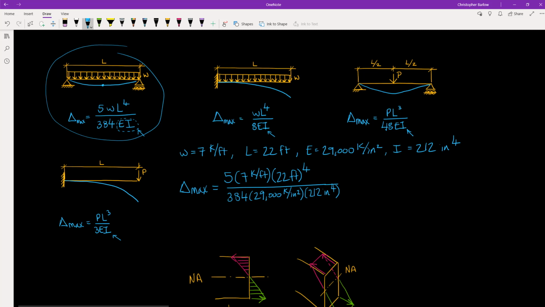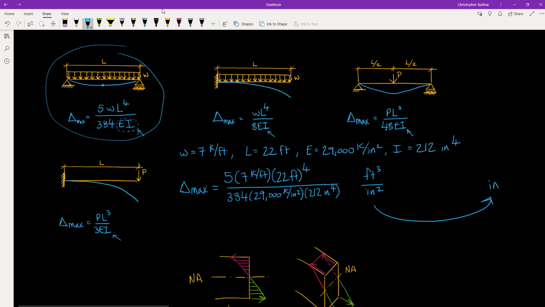Now let's take a closer look at units here. You'll see that both in the numerator and the denominator we have kips, and so those will cancel out just fine. But you can see here that in the numerator we have feet, and in the denominator we have inches. So we're going to end up with units of feet cubed over inches squared. But we want to end up with a value that is expressed in inches.